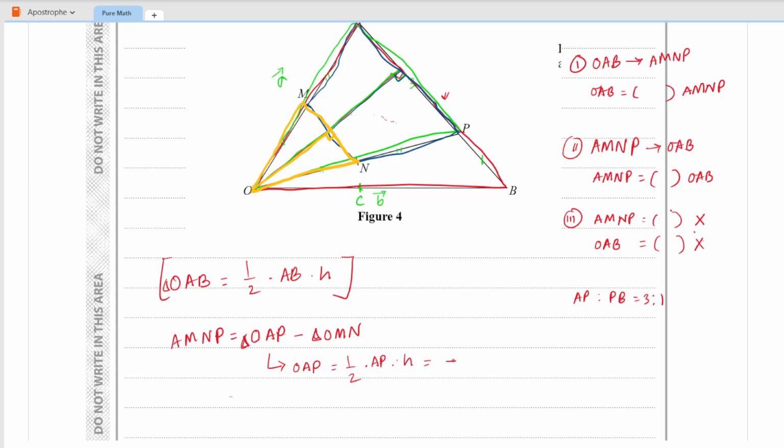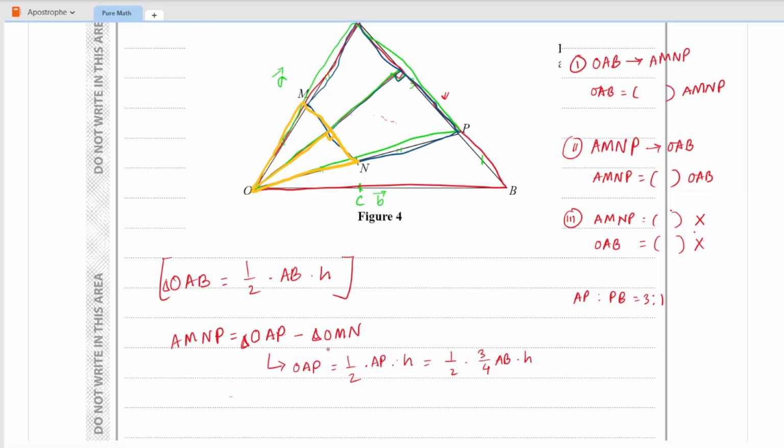So from there we know half into AP is equals to 3/4 AB, and multiplied by H. So you see here 3/8 AB into H, we have the OAP. Okay, or let's just leave it like this. We'll get back to this later.